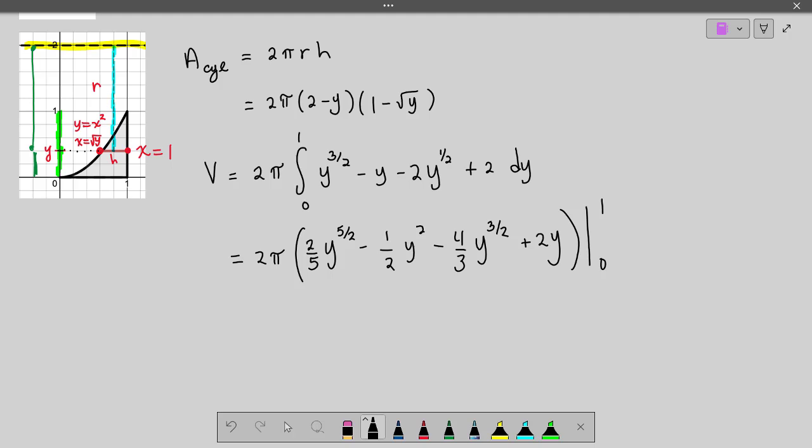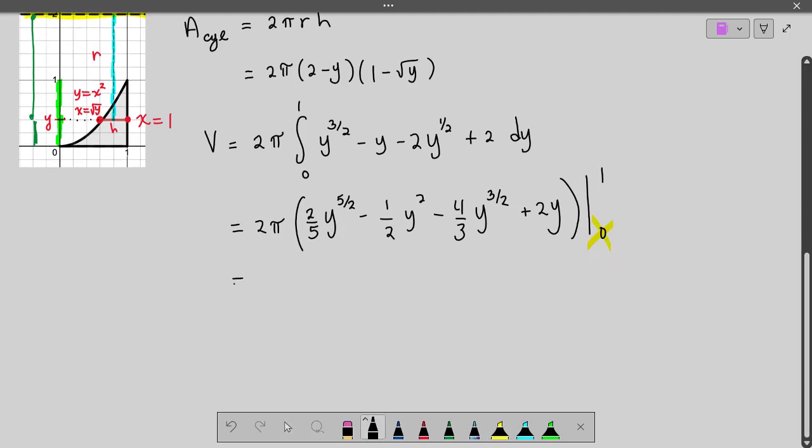And that will be our antiderivative. The 0 contributes no volume, so we just have to substitute in the 1. So we will have 2 pi multiplied by all of this.